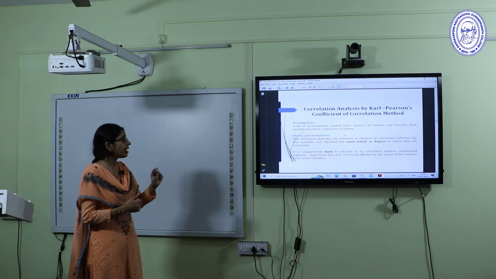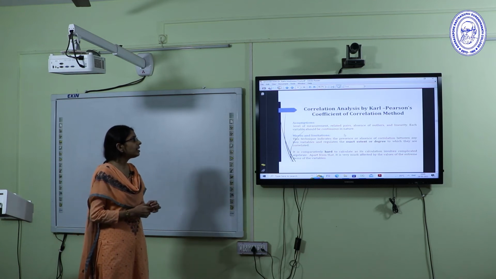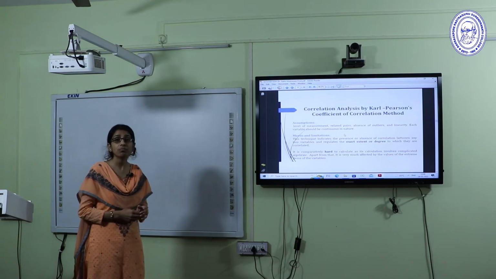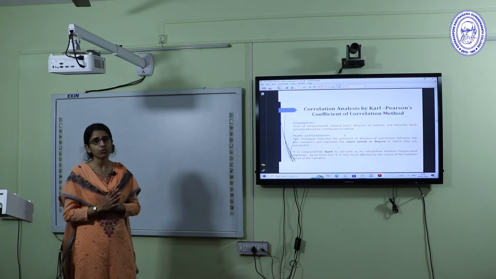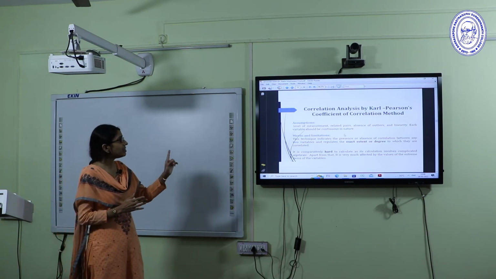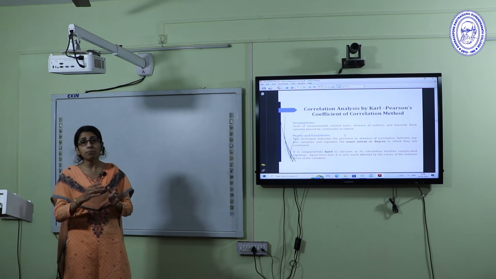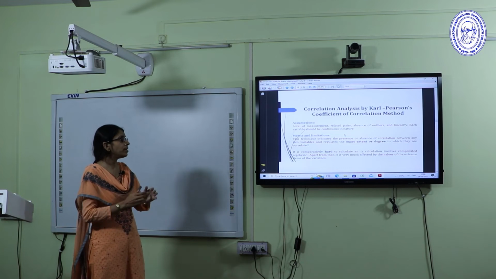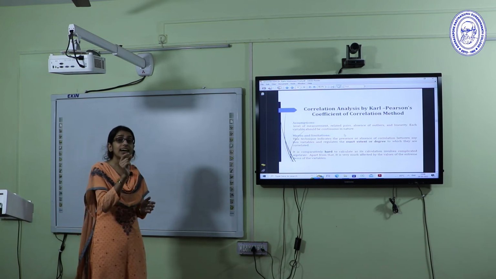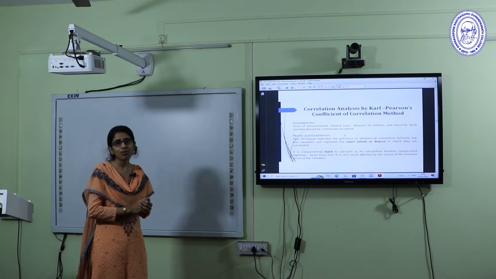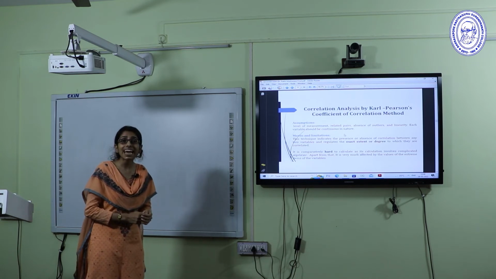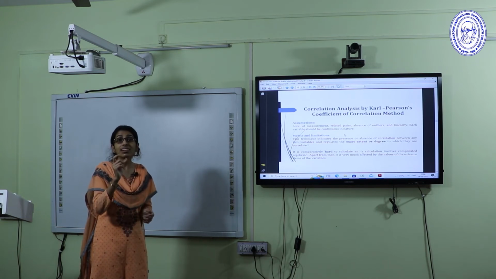Then there are some merits and limitations regarding this particular method of correlation analysis. This technique indicates the presence of correlation between any two variables and determines the exact degree of correlation between them. During the discussion of the scatter diagram, what was the limitation?